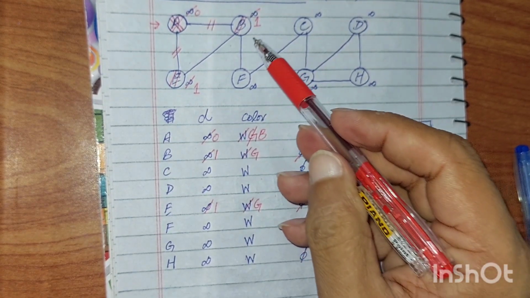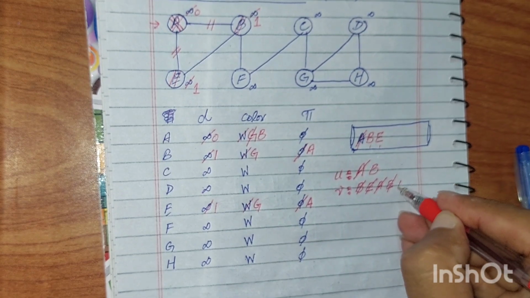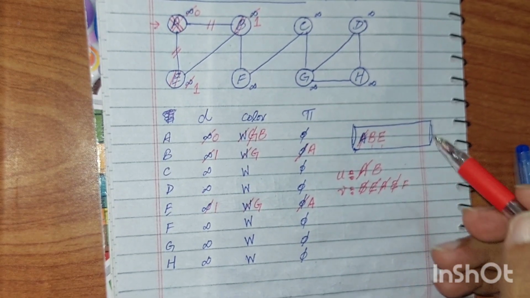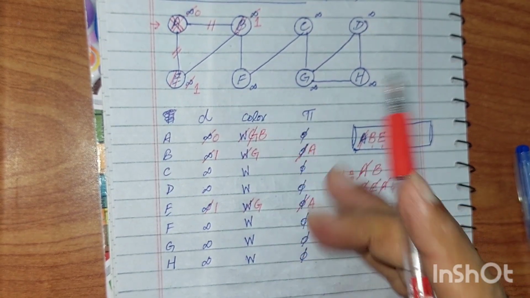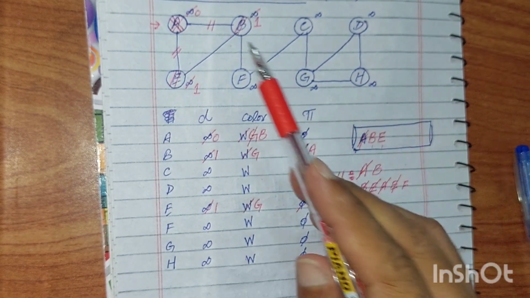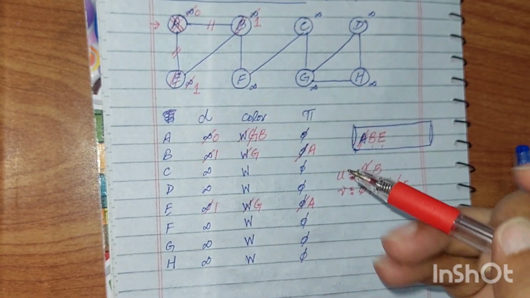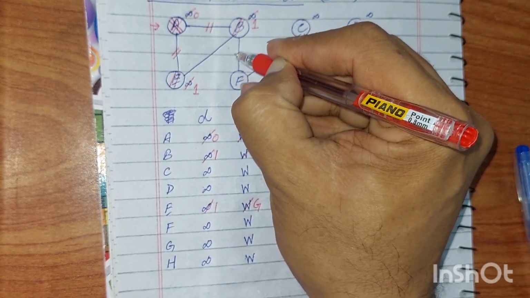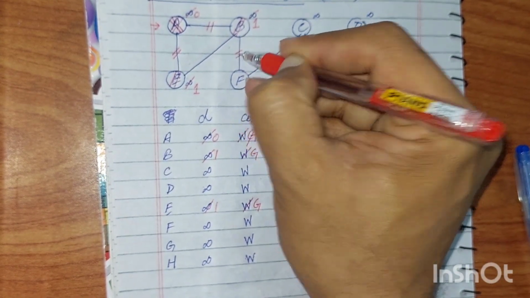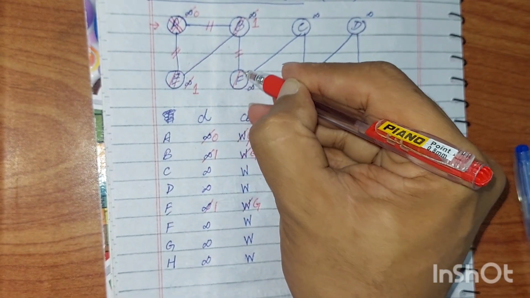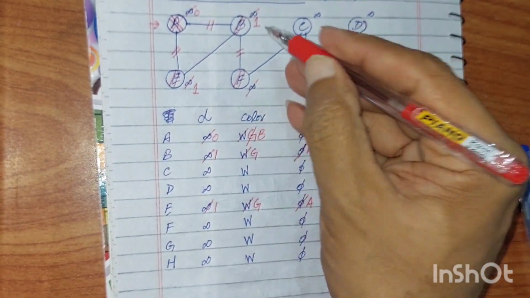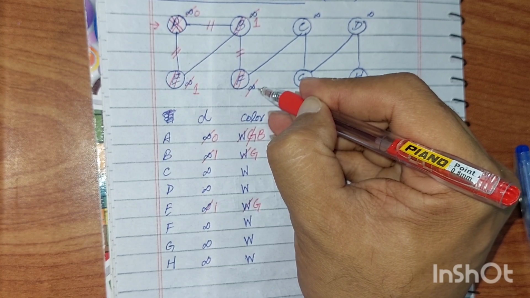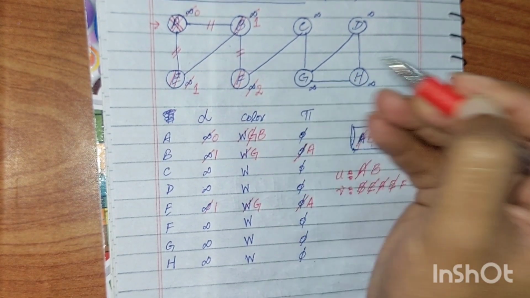And then we'll find another neighbor that is F. Now it is white, so we will perform the four steps on this one that we performed on B and E. We mark B as the parent of F, we change the color of F to gray, and we mark the distance, that is 1 plus 1 is 2.